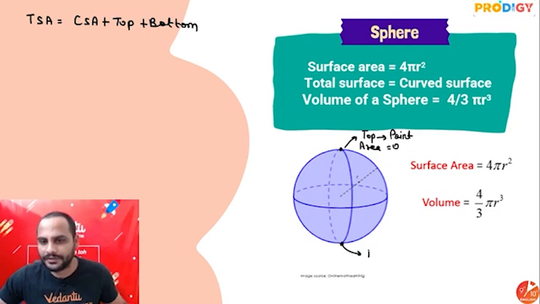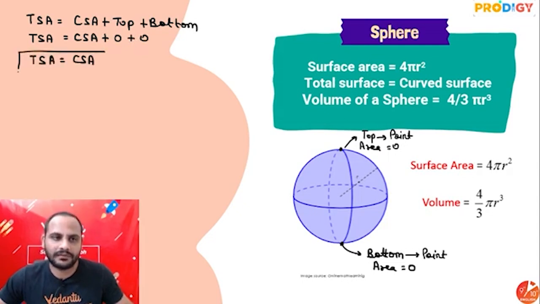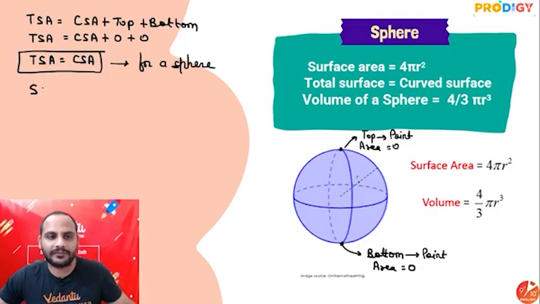Similarly, bottom of a sphere is also a point only. So the area of bottom is also 0. So putting the values over here, TSA is equal to CSA plus 0 plus 0. So you'll get to know the total surface area and curved surface area is equal for a sphere. That is why we generally call it only surface area.